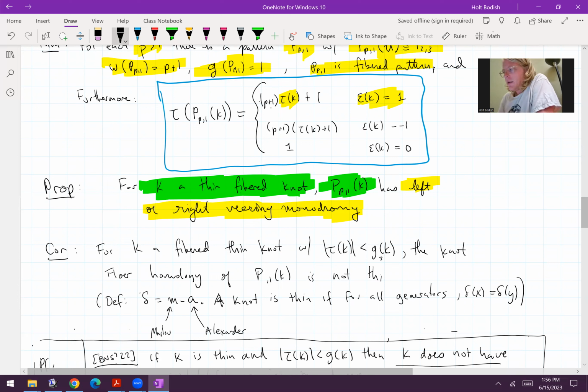This is similar to the computations we did above showing that the measure patterns are fibered. It's just analyzing the next to top Alexander grading and seeing that there's only one intersection point that can realize that Alexander grading.